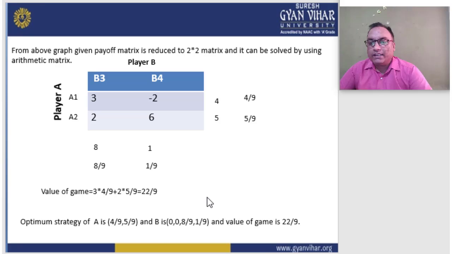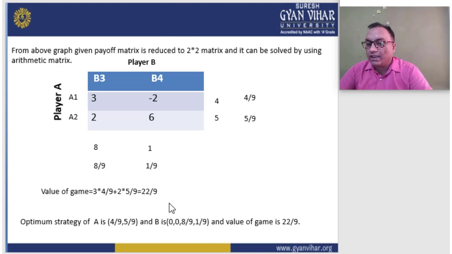And the value of the game is 3 into 4 by 9 plus 2 into 5 by 9 equals 22 by 9.